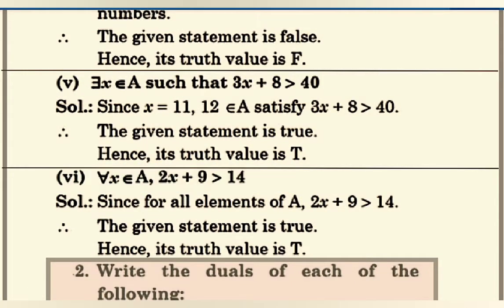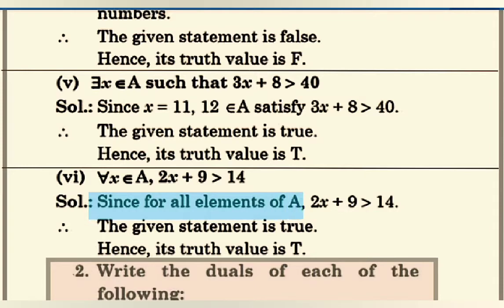Next, for all x belongs to A, 2x plus 9 is greater than 14. For all means all elements of A satisfy this condition, then we say the given statement is true. Let's check this solution.